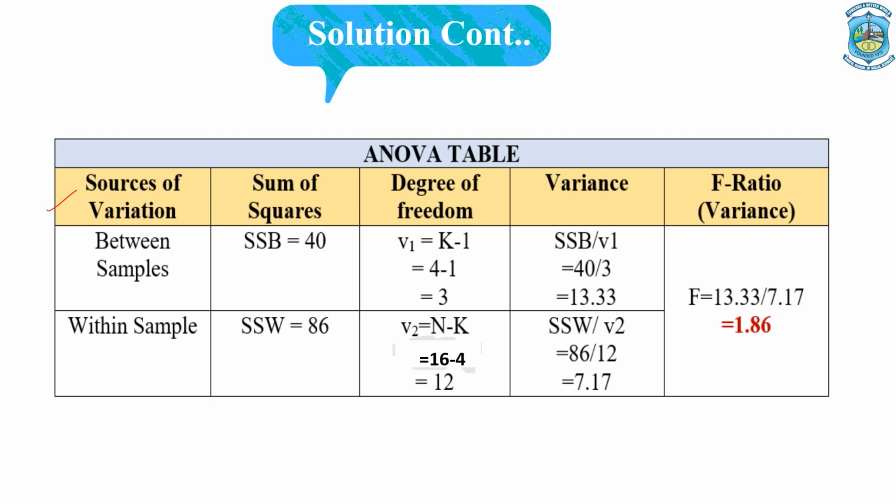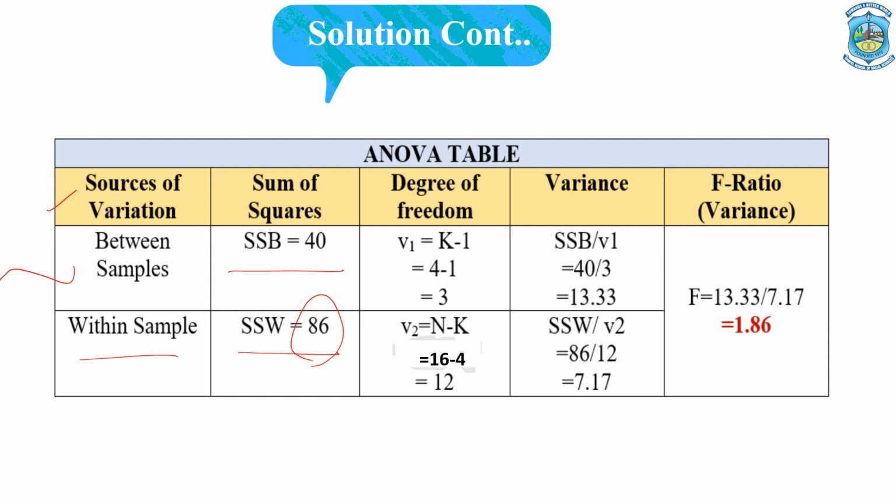Sources of variation are between the sample and within the sample, and we have both values. The sum of squares between the sample, SSB, is 40. Within the sample we have SSW, and SSW is 86.